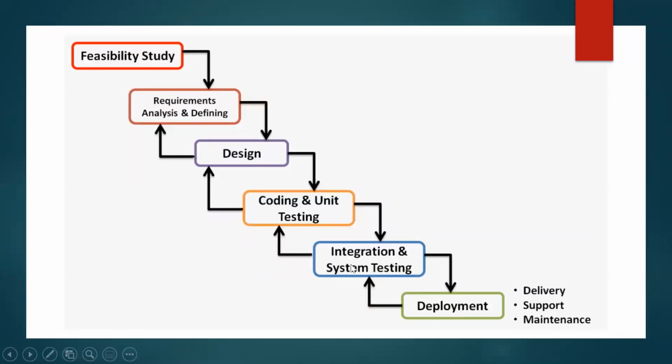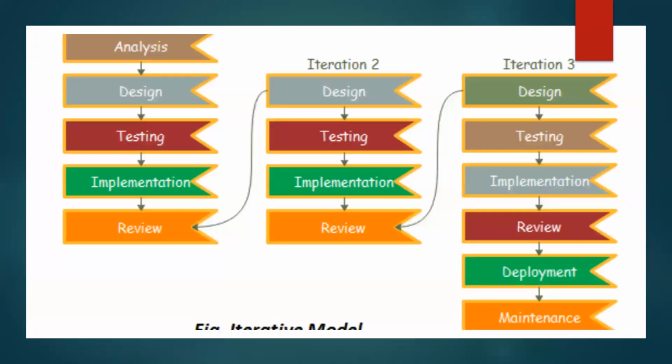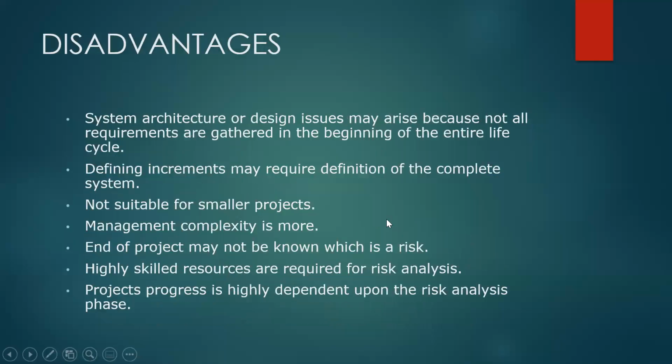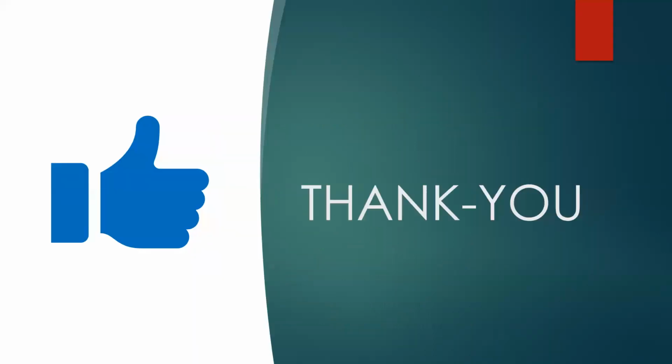So in every phase you can have feedback, so you can have a better, more robust project. This is the main difference between the classical waterfall model and the iterative model. You can have different iterations, you can have feedback, and you can get a more robust project.